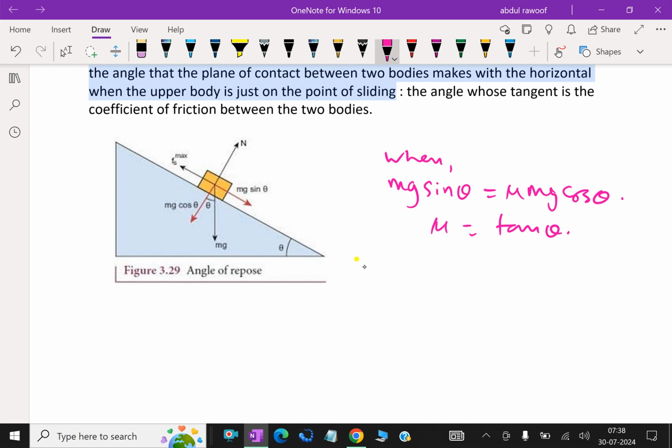Here, this theta is the angle of repose.